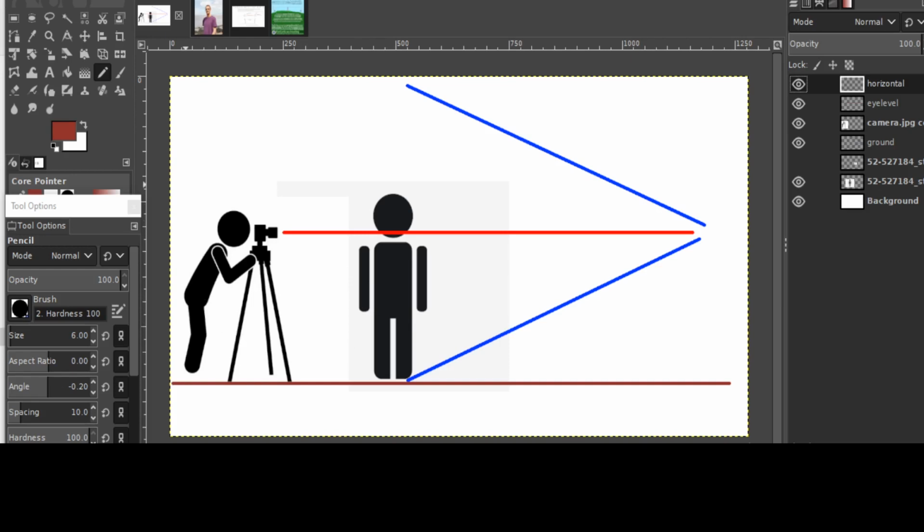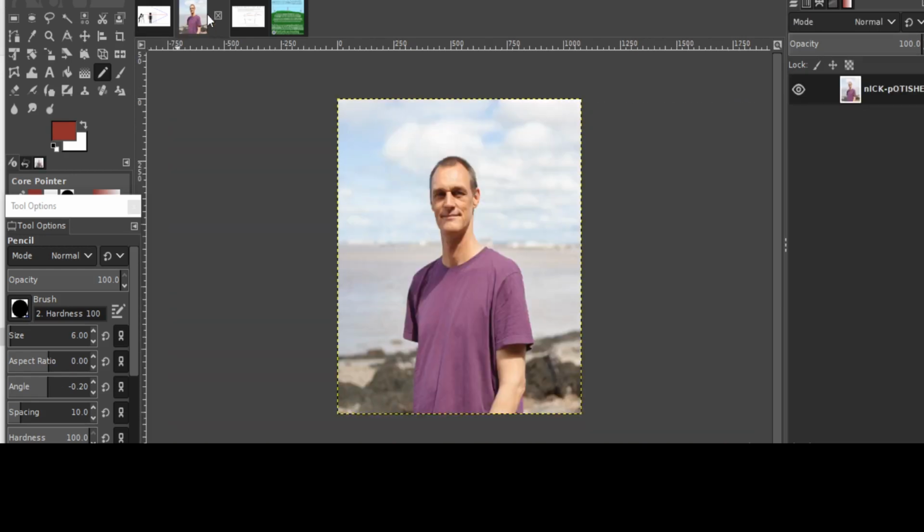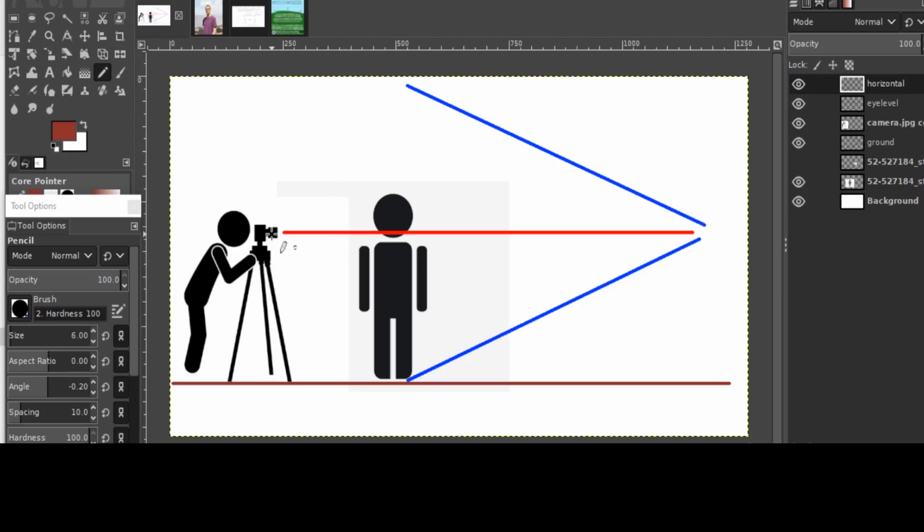This is a side-on view of the photographer taking my picture on the beach, and it's the same as a surveyor with a theodolite making measurements with the surveying measuring sticks that are used. So you can see here that the photographer's line of sight is around about there. It doesn't really matter.